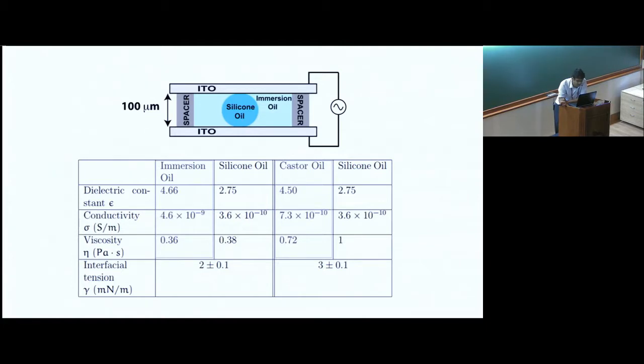And these are the ratios of your systems. You can see that the conductivity of your immersion oil is 4.6, which is greater than that of the silicon oil inside. So the light blue part is the more conducting part. What you see as the dispersed phase, the spots inside, will be the parts which are less conducting.